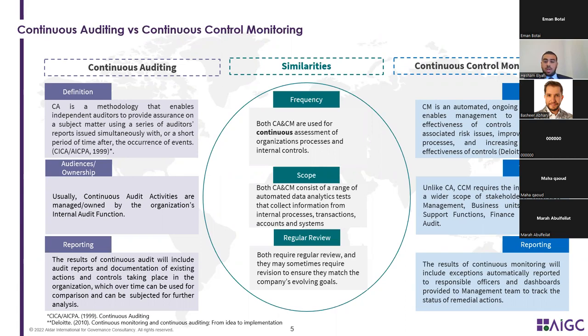Both are integrated to company systems. In addition, both require regular review and may sometimes require revision and refining of the tests to ensure the evolving goals of the company are being matched.